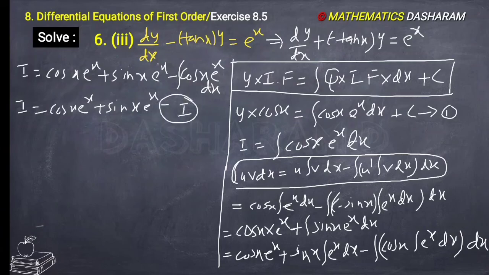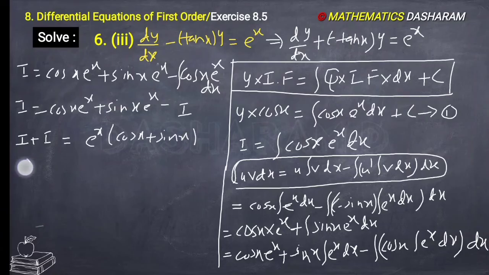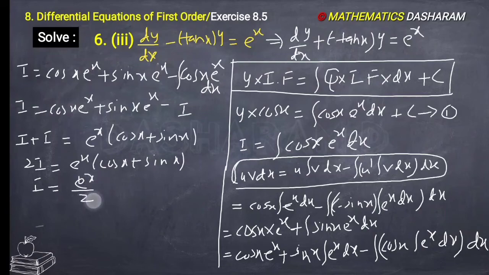So this minus I is transposed to the left side, so I plus I equals, taking e power x common, cos x plus sin x. Then I plus I is 2I equals e power x into cos x plus sin x. Then our required answer I is e power x divided by 2 into cos x plus sin x.